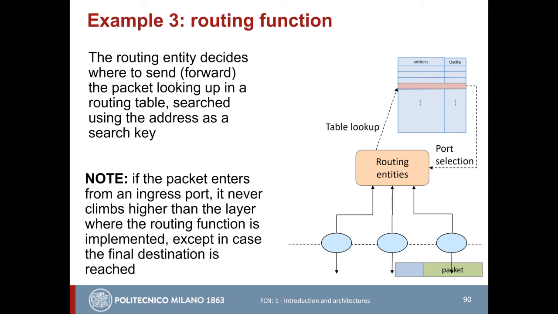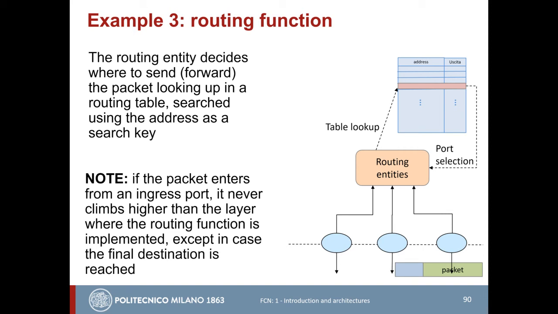So when the packet enters from the level below, we say that it enters from an ingress port. It has to be released again at the same level. So the most important function that is performed by this entity is routing.